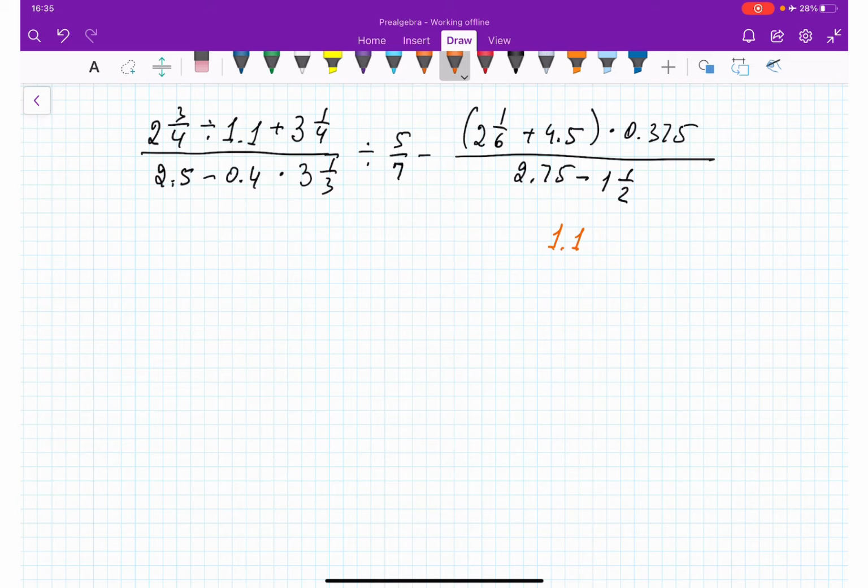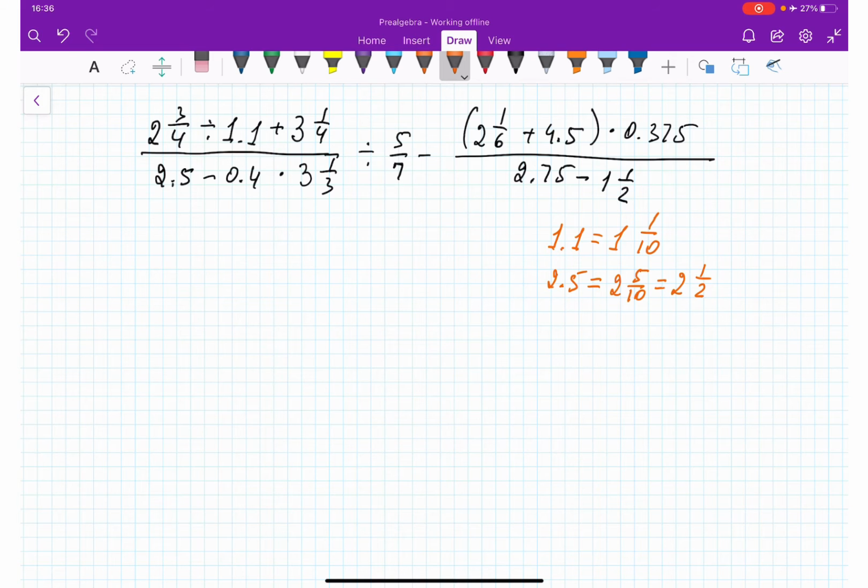So let's do 1.1, to convert into simple fraction. It's going to be 1 and 1/10. Next we have 2.5, which is going to be 2 and 5/10, which is going to be 2 and 1/2. I'm going to convert into improper fraction also because we might need division and multiplication. Where is my 2.5? Yeah, we will need subtraction. Okay, let it stay the way it is, 2 and 1/2.